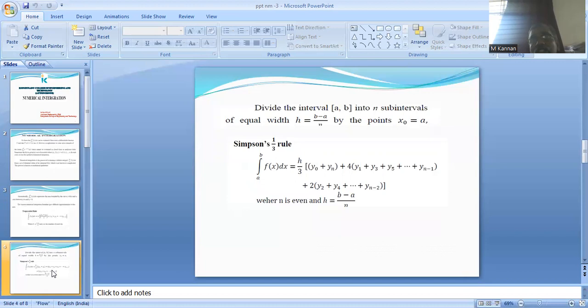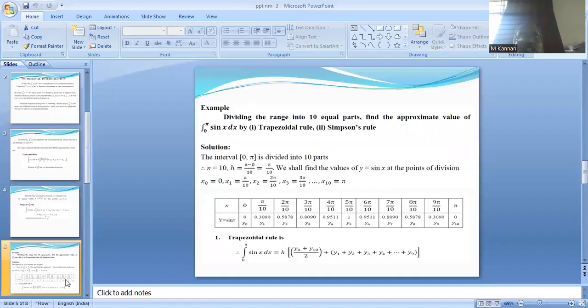That means it is h by 3 into (y0 + yn) plus 4 into (y1 + y3 + y5 + and so on) plus 2 into (y2 + y4 + y6 + and so on). Here also h = (b minus a) by n, where n is the number of intervals.